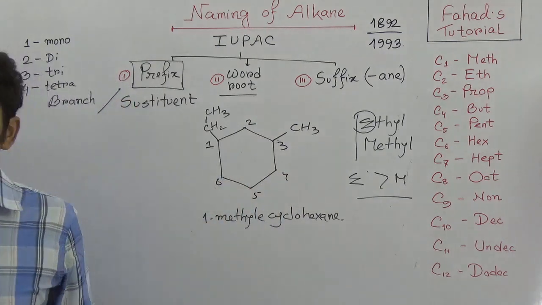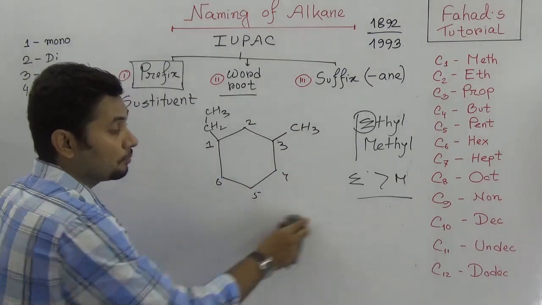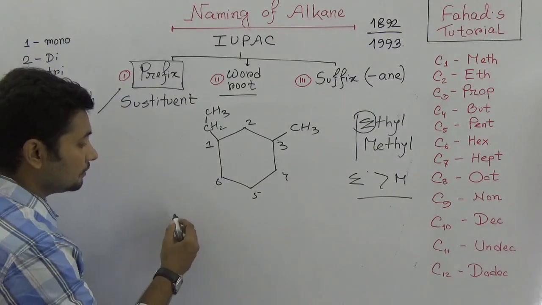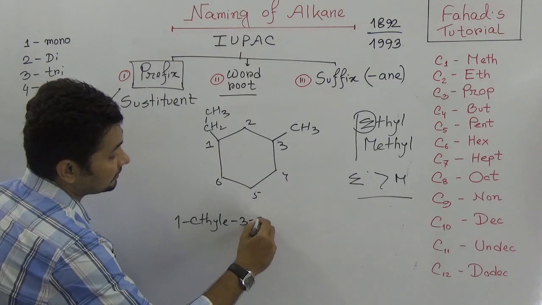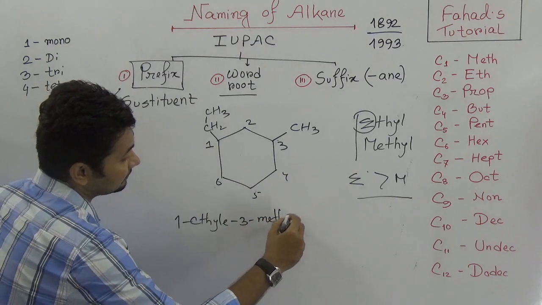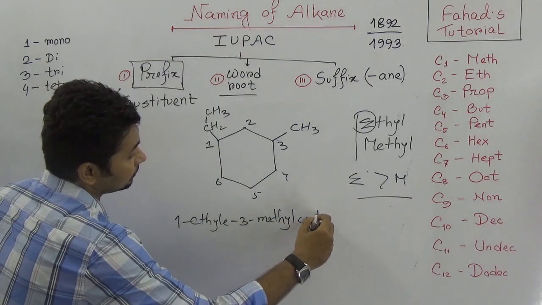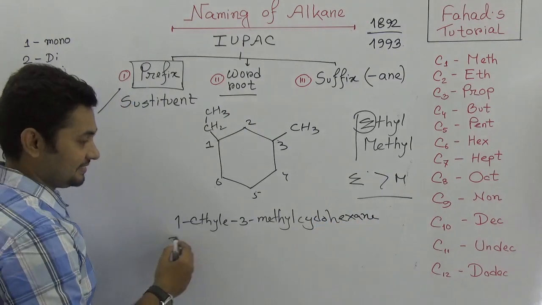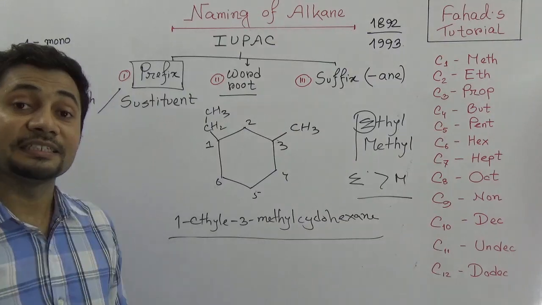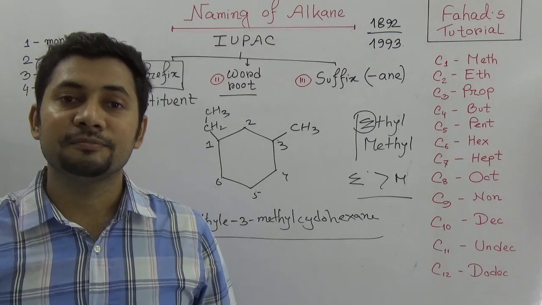In this case, the name would be 1-ethyl-3-methylcyclohexane. And this is the name of cyclohexane if there are alternative branches.